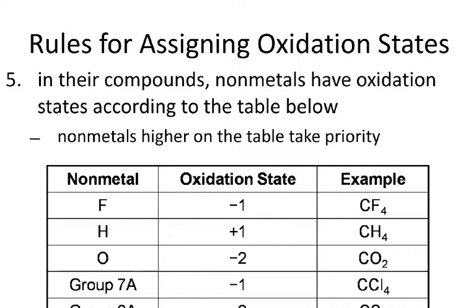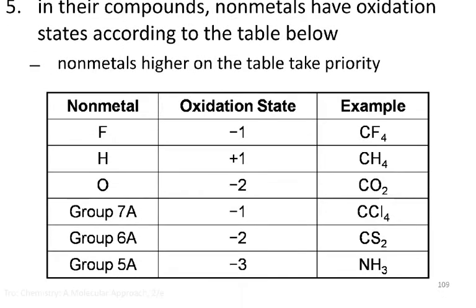And then rule number 5 here is the one you really need to keep in mind. In their compounds, nonmetals have oxidation states according to the table below. And again, the table is in order of priority. So the highest priority is fluorine, oxidation state of -1. Hydrogen, oxidation state of +1. Oxygen, oxidation state of -2. Group 7A, which are the halogens, the rest of the halogens under fluorine, have an oxidation state of -1.